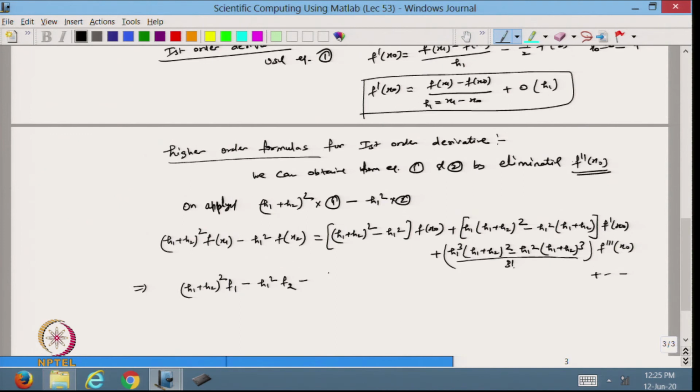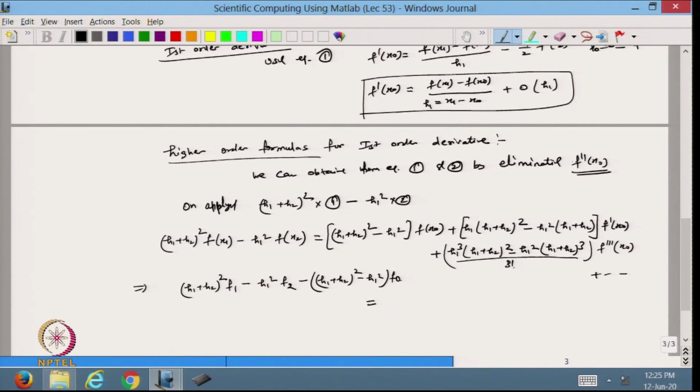So this will be equal to (h1 plus h2) whole square minus h1 square f0. And now I will get all this expression on the right hand side. So these are the terms we are going to get on the right hand side. I am taking this on the left.